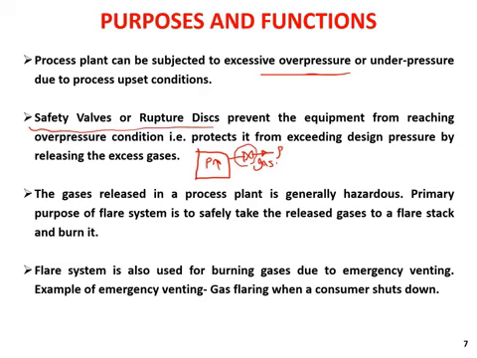Most of the time the gases that are released from the process plant are dangerous, so we have to burn them first and then send them to the air. This is better than just sending them to the air without burning. And emergency venting: gases that are released due to emergency venting, like the example of the reactor here, we also send to the flaring system and burn them.